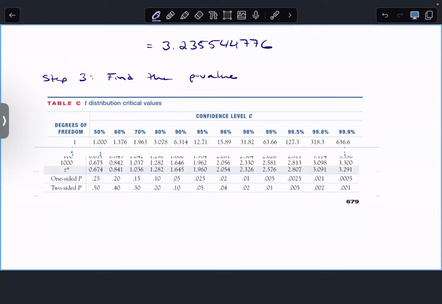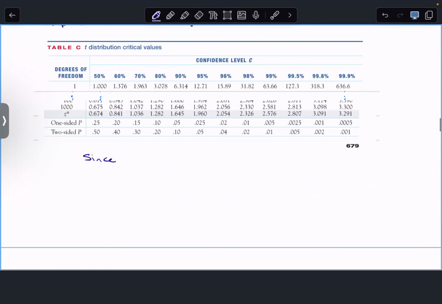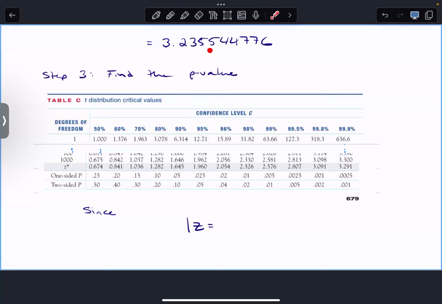My calculated z goes in the middle, and I like to throw a "since" in there. You don't have to. Since the absolute value of z is equal to, and you want to keep at least 3 decimal places.